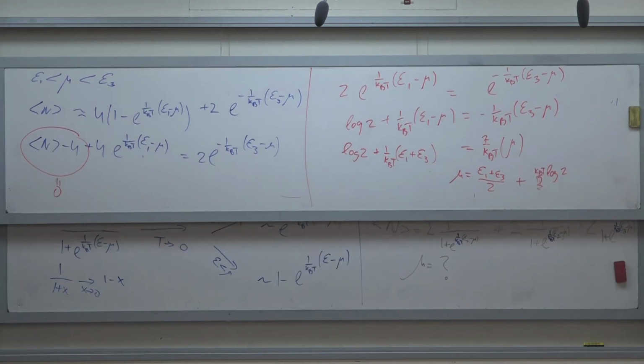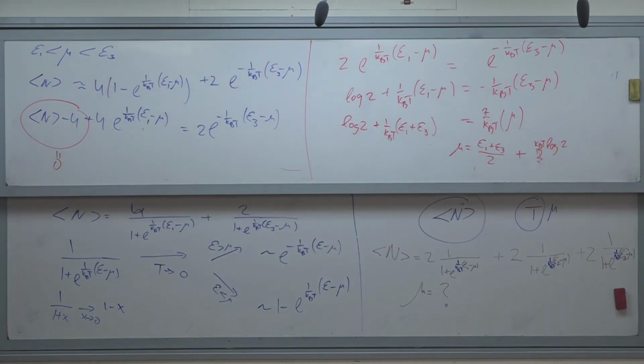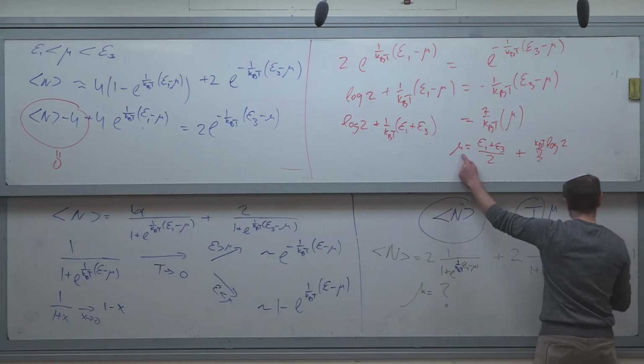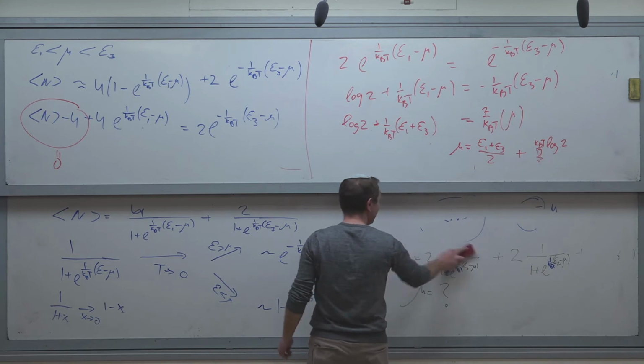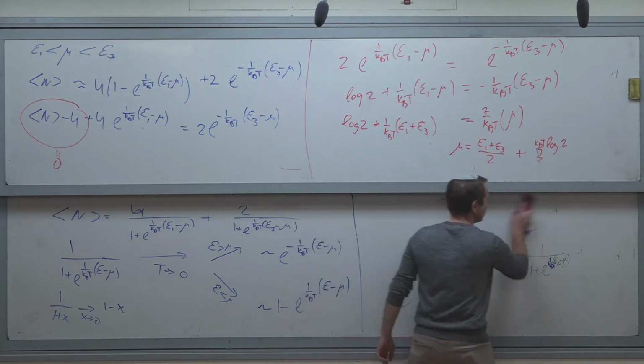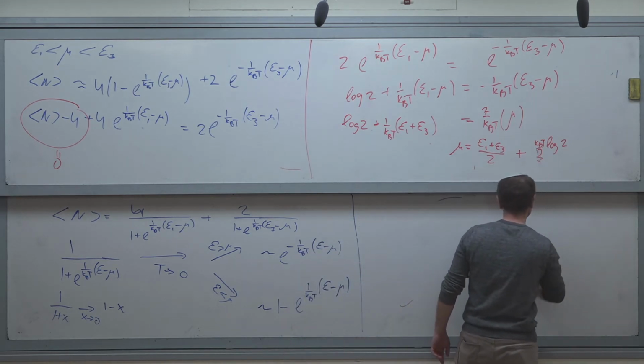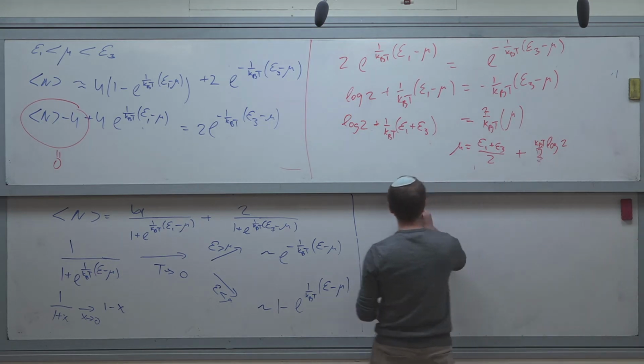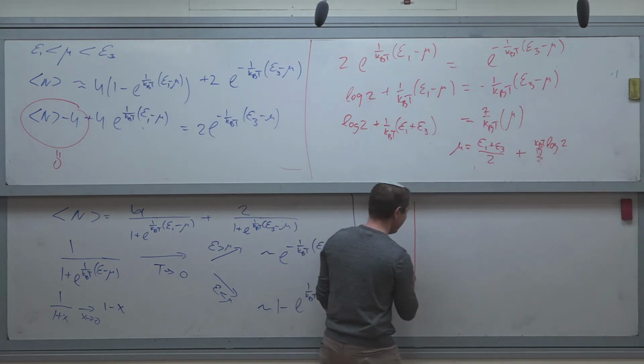What is important? That this Fermi energy is exactly in the middle of the two states. Okay. Now let's think what we actually have.